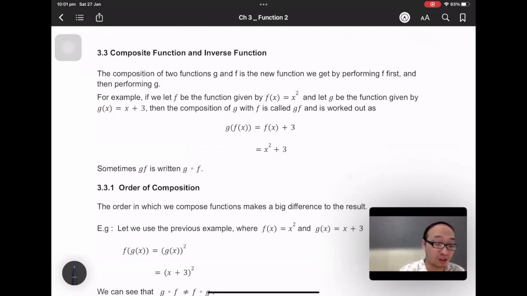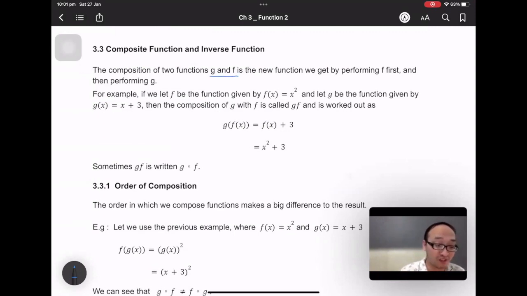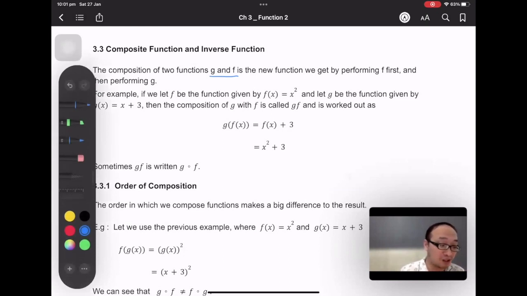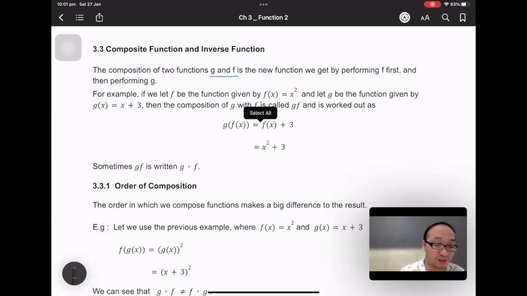So if we have gf function, that means we have to perform x in the function f first, and then continue with the function g.